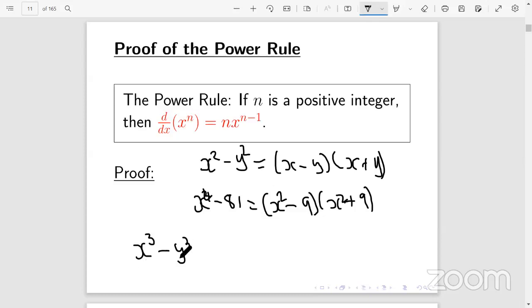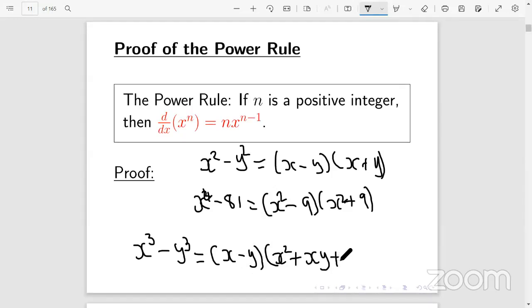For those who know, when you factorize here, you end up with x minus y. Then in the second bracket, you take the first variable, so you end up with x squared. Remember that whenever you have a minus here, then it becomes a plus. Then you multiply the variables, so x times y gives us xy.